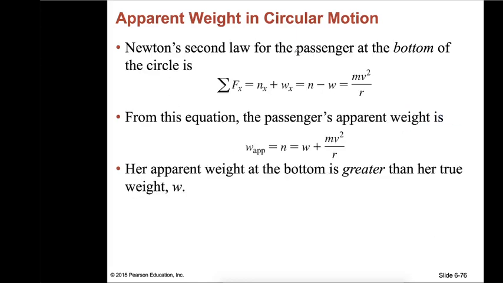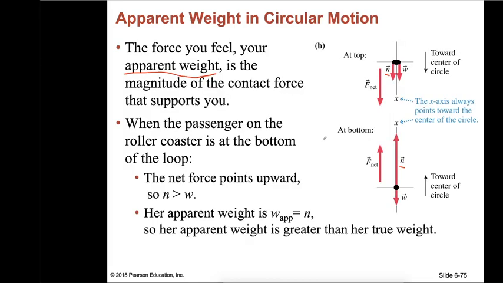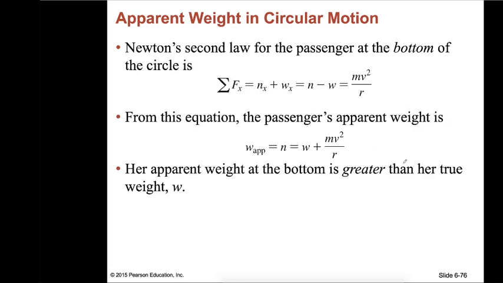And Newton's second law for the passenger at the bottom of the circle: the net force equals the weight, which is going down so it's a negative value, plus the normal force, which equals mv squared over r.